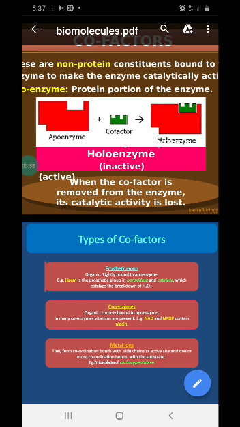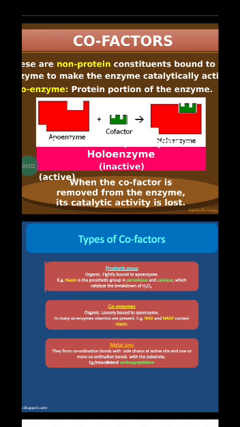And the third kind of non-proteinaceous compound is the metal ions. Now these metal ions form coordinate bonds. Now what are coordinate bonds? With the side chains of the apoenzyme at the active site, and one or more coordinate bonds with the substrate.